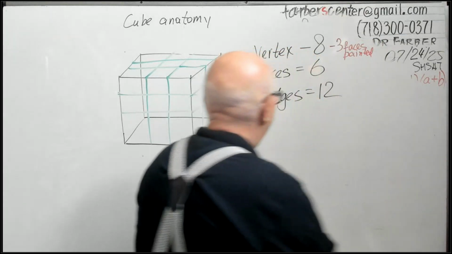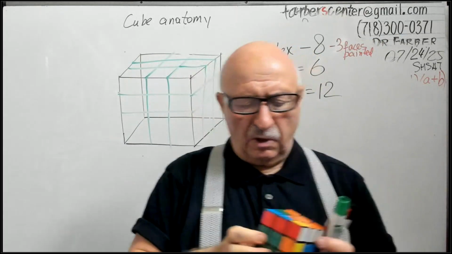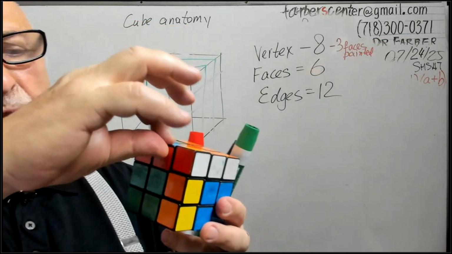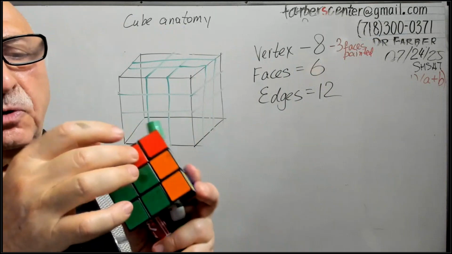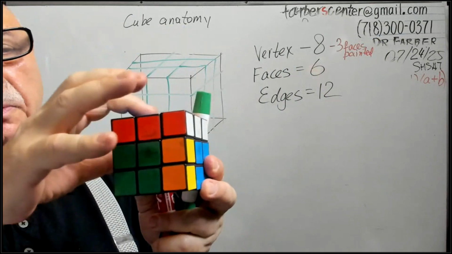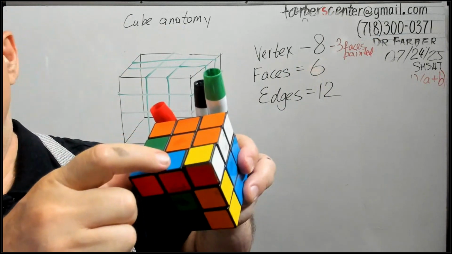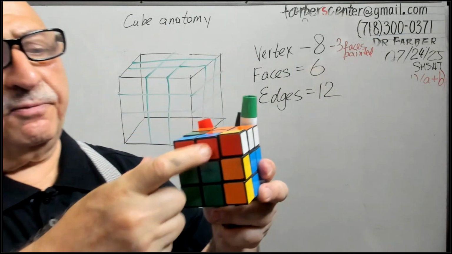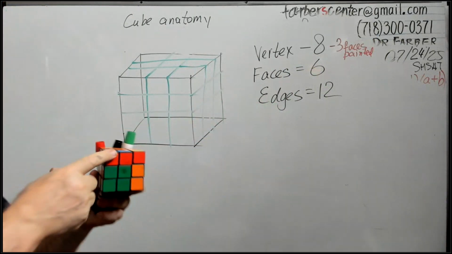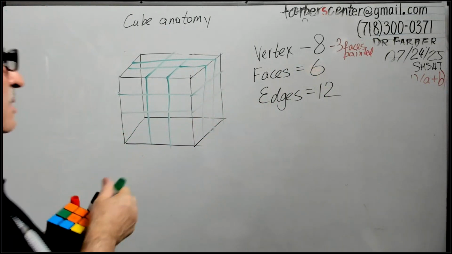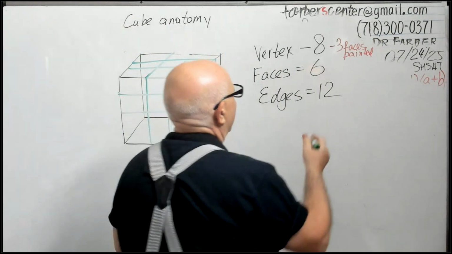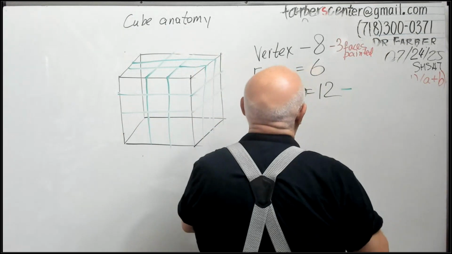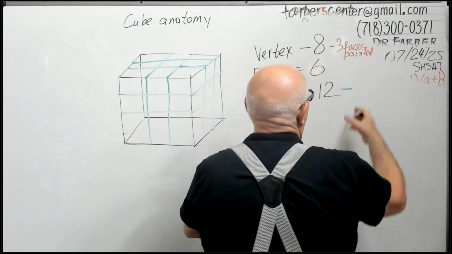Now, if they ask you on the test how many cubes have 2 faces painted, if you look at this cube, only the cubes over there in the middle of the edges have this face painted and these 2 faces painted. Since we have 12 edges, in this case we have 2 faces painted.